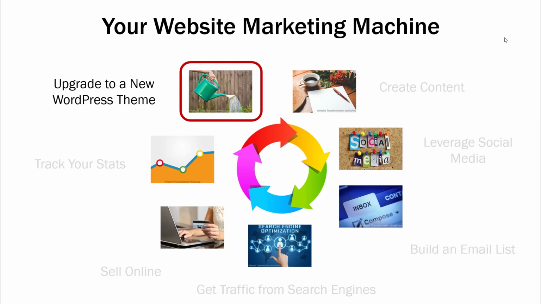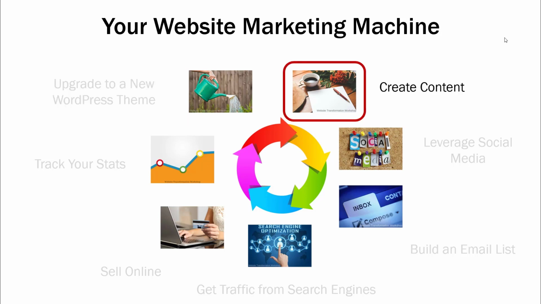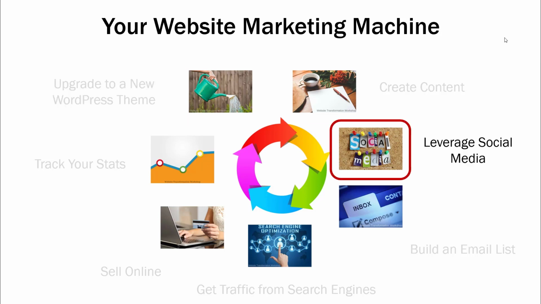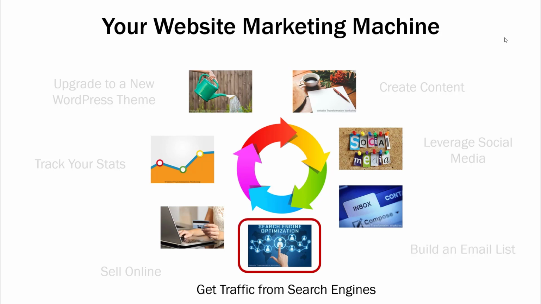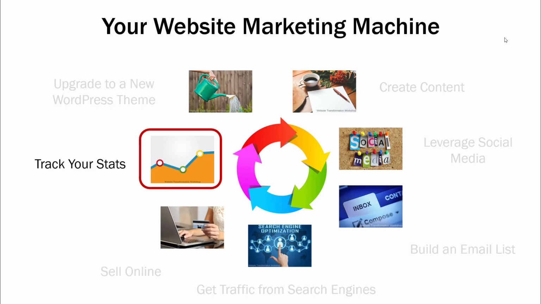So your website marketing machine, there's all these different things to do. One is upgrade to a new WordPress theme, create content, leverage your social media, build an email list, get traffic from search engines, sell online, and track your stats.